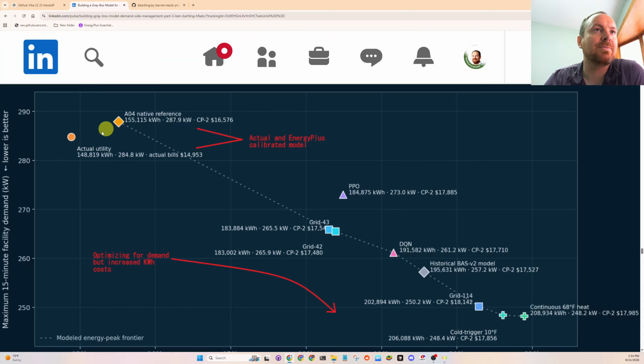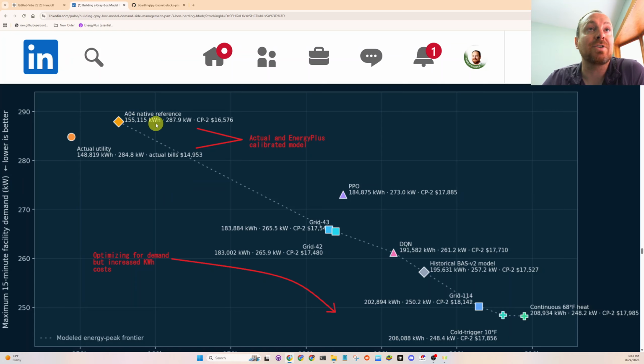This is the equivalent. Basically, the way that they operate the building with this pretty decent optimal start algorithm, they were sitting at about 150,000 kWh per year, peaking at 284 kW, with the actual utility bills around $15,000 for this relatively small elementary school.